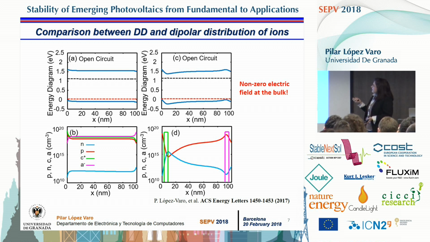Then we study again the comparison between the diffusion and the dipolar distribution of ions, in this case for open circuit voltage. We observe that in the case of a dipolar distribution, we obtain a non-zero electric field at the bulk, different from considering the diffusion mechanisms.